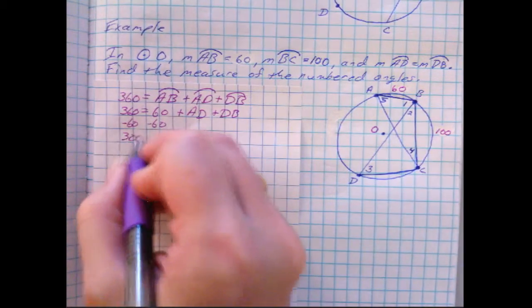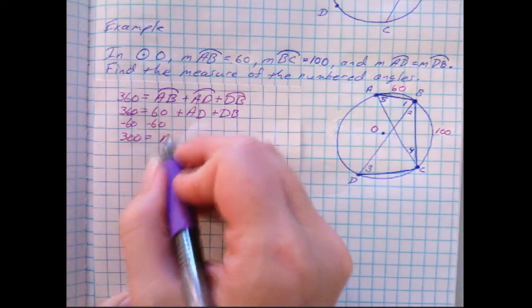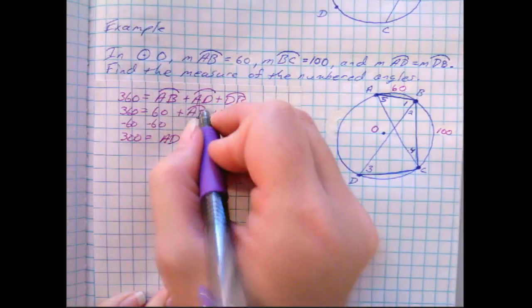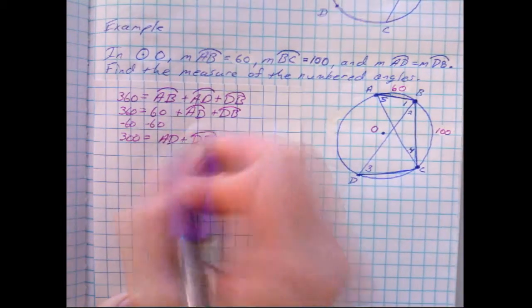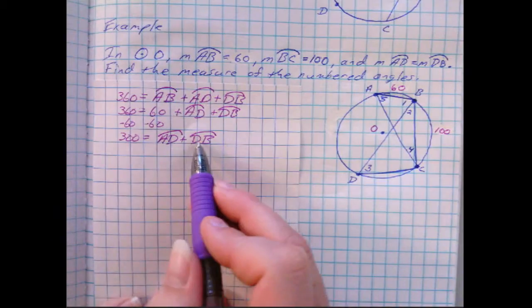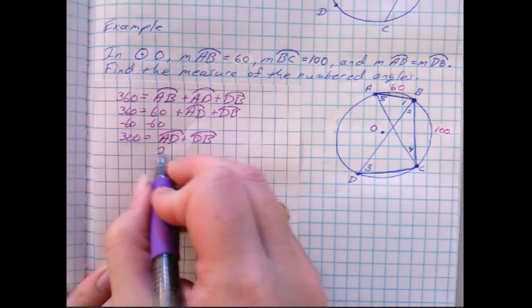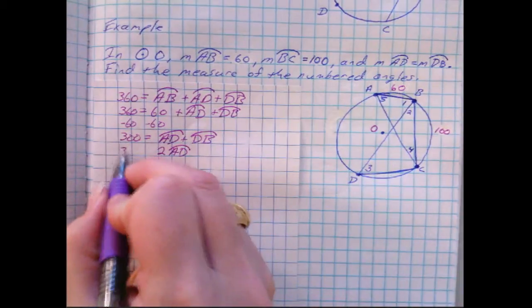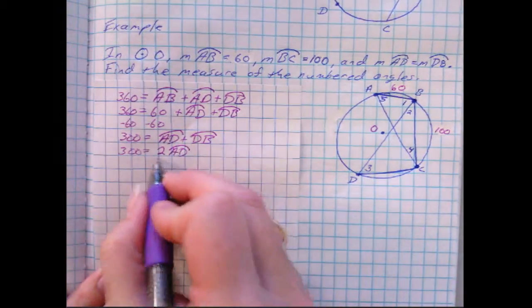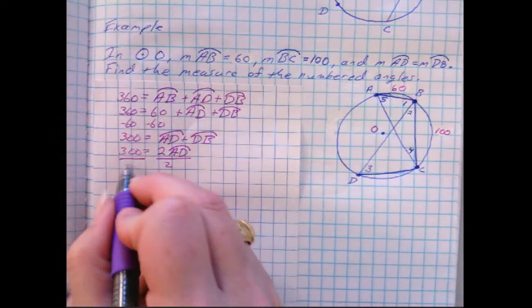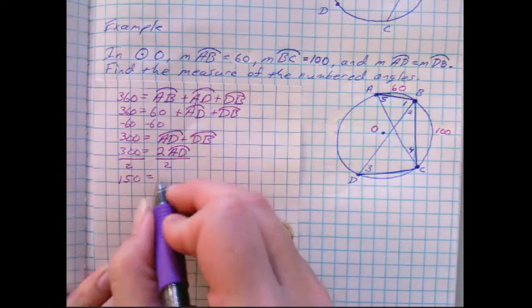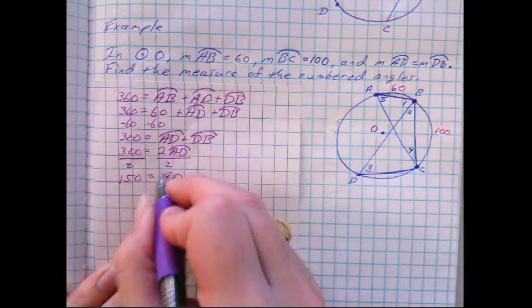I get 300 equals AD plus DB, and remember these are arcs, so we want to make sure we label that. AD and DB are the same thing, so this is actually 2 times AD. So 300 equals 2 times AD, so I'm going to divide by 2. And I get 150 equals arc AD.